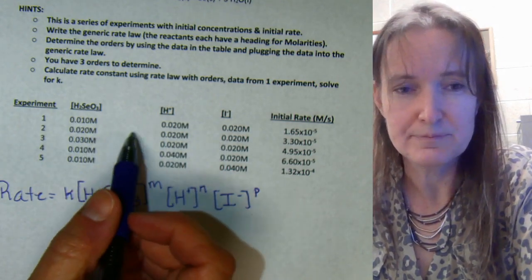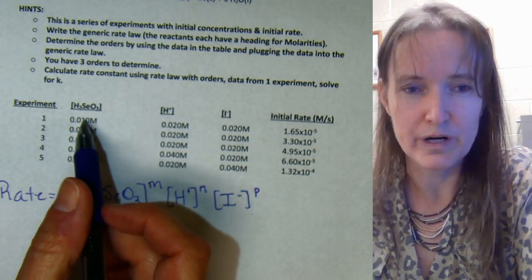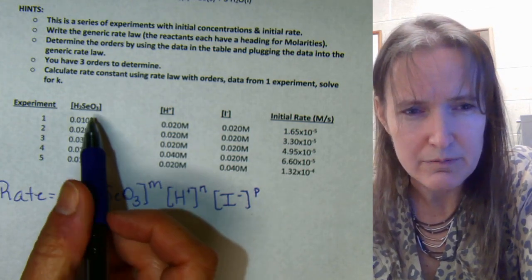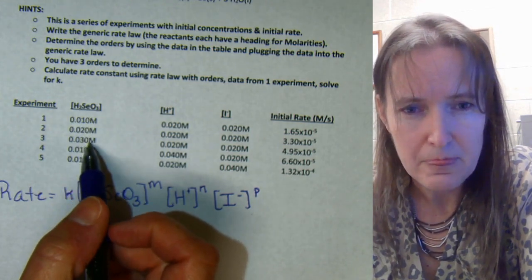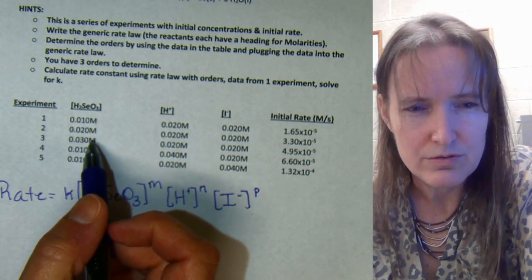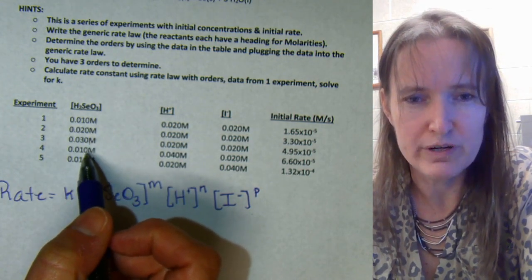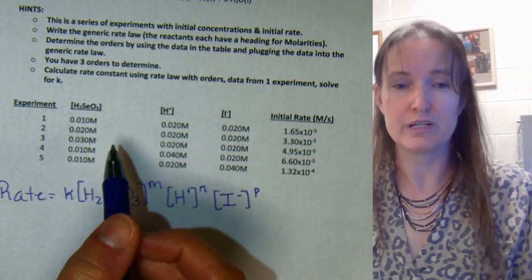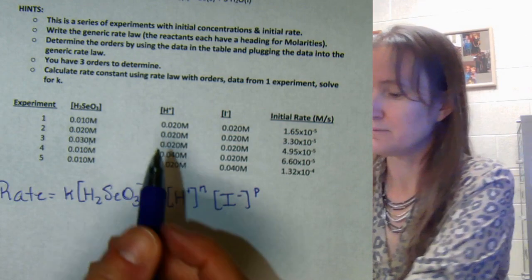So we could use experiments 1 and 2. You could also use experiments 1 and 3, but you couldn't use 4 and 5 because in both 4 and 5, the hydrogen and the iodide both change. I'm just going to choose 1 and 2, but like I said, you could use 1 and 3 also.